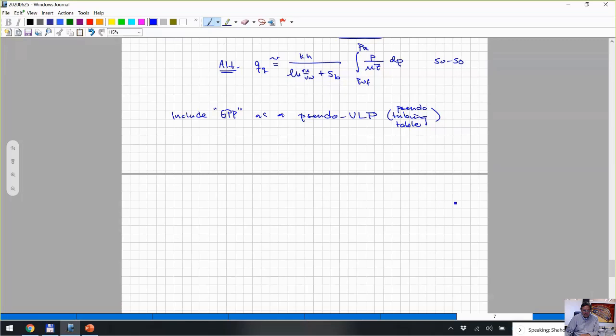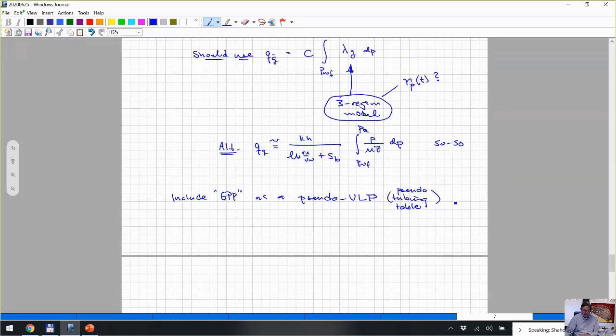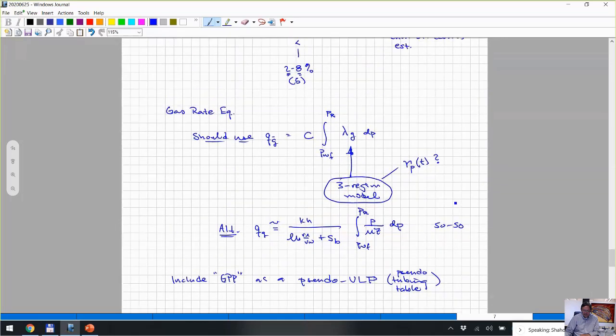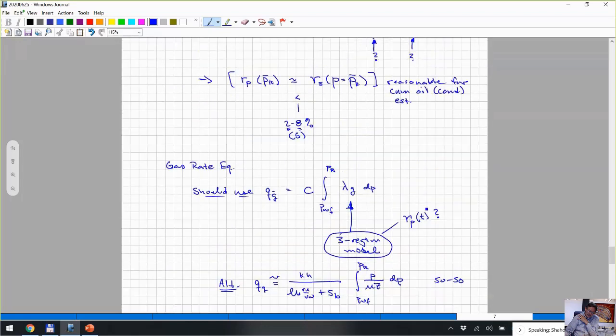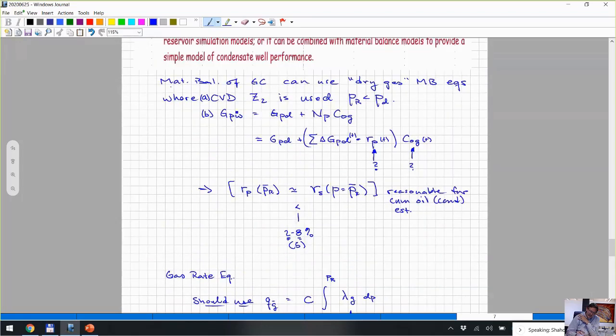So for gas condensate, is it okay if we ignore the condensate and use dry gas Bg to do the material balance calculation, ignoring the condensate completely? No, that's this point up here, that basically you need to use the two-phase Z factor.